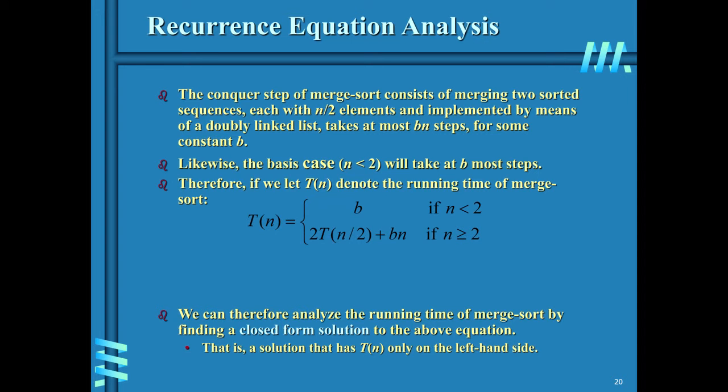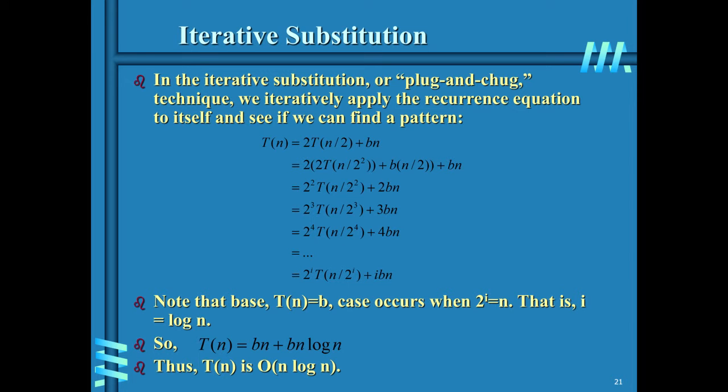And here is an example with T(n) equal to b if n is less than 2, and if n is greater than or equal to 2, T(n) equal to 2 T(n/2) plus bn. Now the question is, what could be the runtime for this T(n)? You can use a substitution method, and replace T(n/2) with 2 T(n/4) plus b times n/2. And you can continue to replace that.